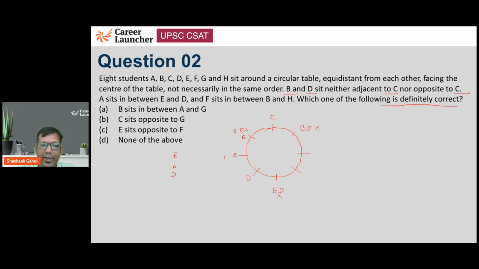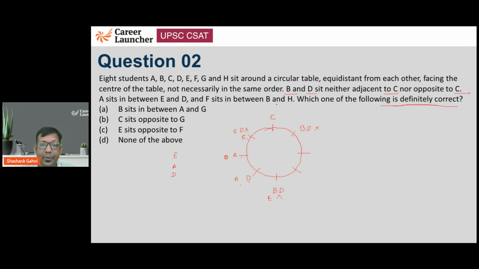The second possibility: D cannot be here, so let's place D over here, A over here, and E over here. So there are 2 possibilities we are talking about. One E, A, D, second D, A, E. And I'm not bothering about this side because the question is not talking about left and right. So both arrangements are fine, or if you want, you can take it on another side as well.